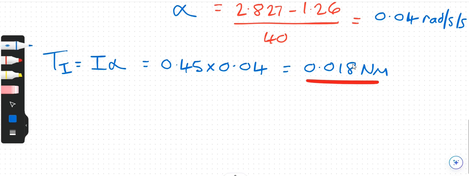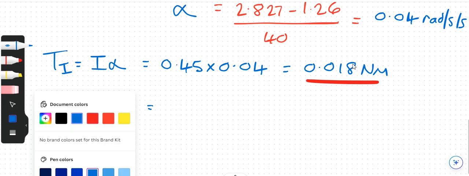We also have to find the torque to overcome the force on the bearings, which is coefficient of friction, load on the bearings, and radius. Then we can add that to it, because we're using this formula up here.